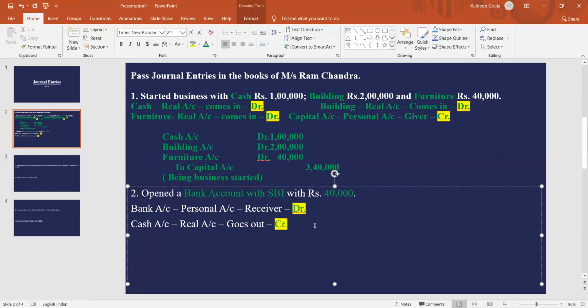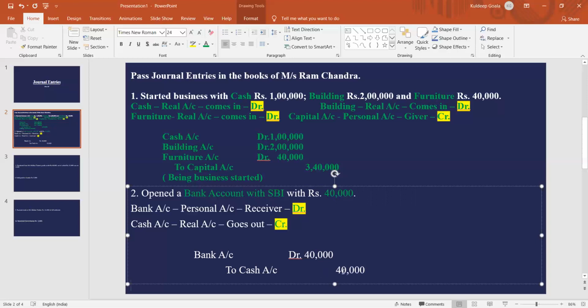So what will be the journal entry now? The journal entry is very simple. First you write down debit, that is bank account debit. You can write down State Bank account, no problem. Bank account debit, how much? 40,000. Then giving a little space to cash account, 40,000, right?